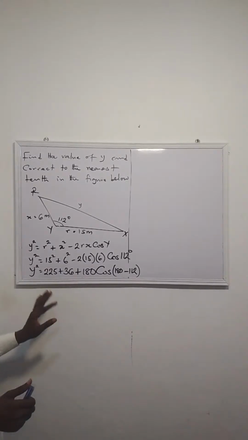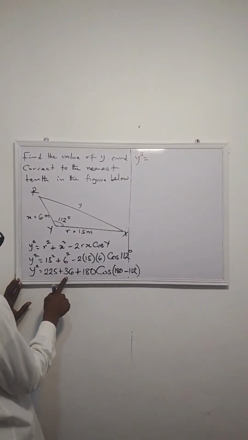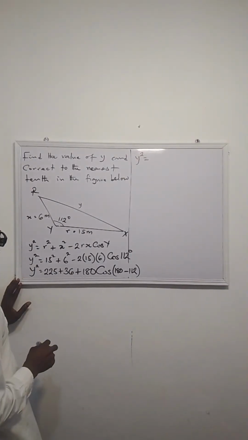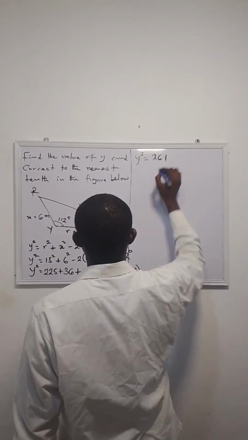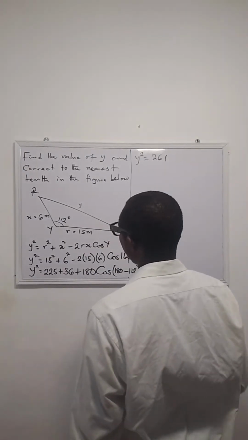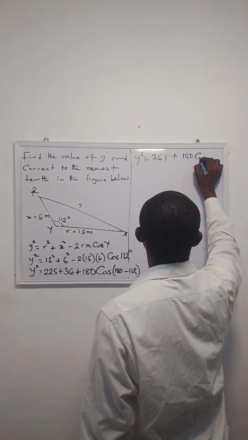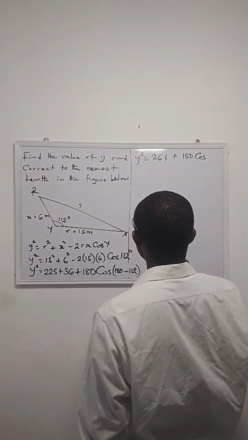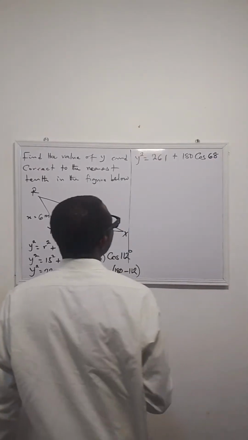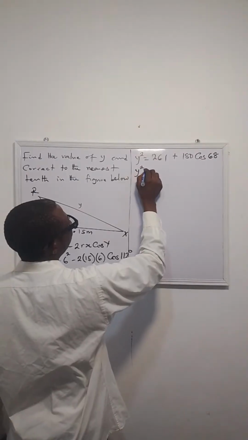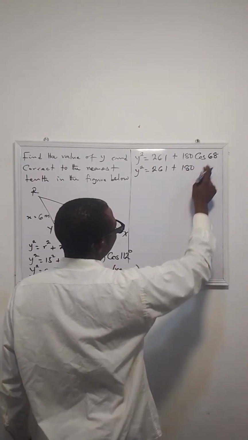Now let's add: 225 plus 36 is 261. Plus 180 cos, and when you subtract, you have 68. So we have y squared equals 261 plus 180 cos 68.